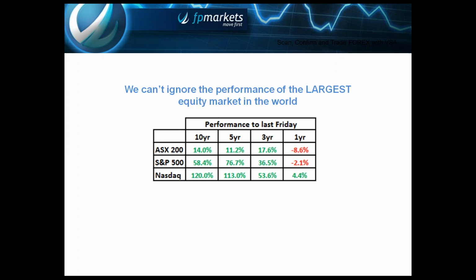The S&P 500 has done better than that, albeit with a negative return of minus 2.1%, which is an outperformance of around about 6.5%. And then the NASDAQ is up 4.4% over the same time frame. So there certainly are good opportunities in overseas markets, especially the biggest equity market in the world, being the US market.